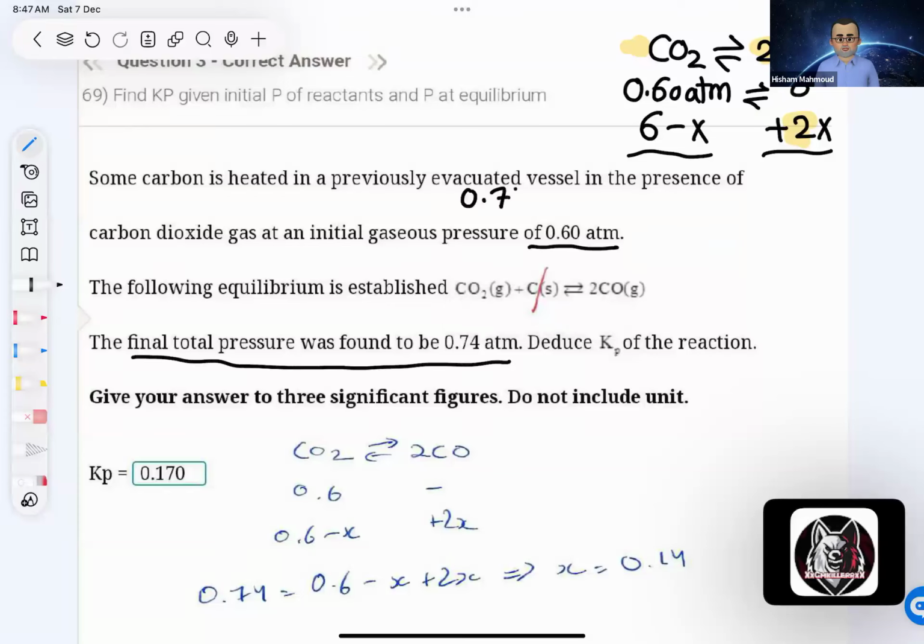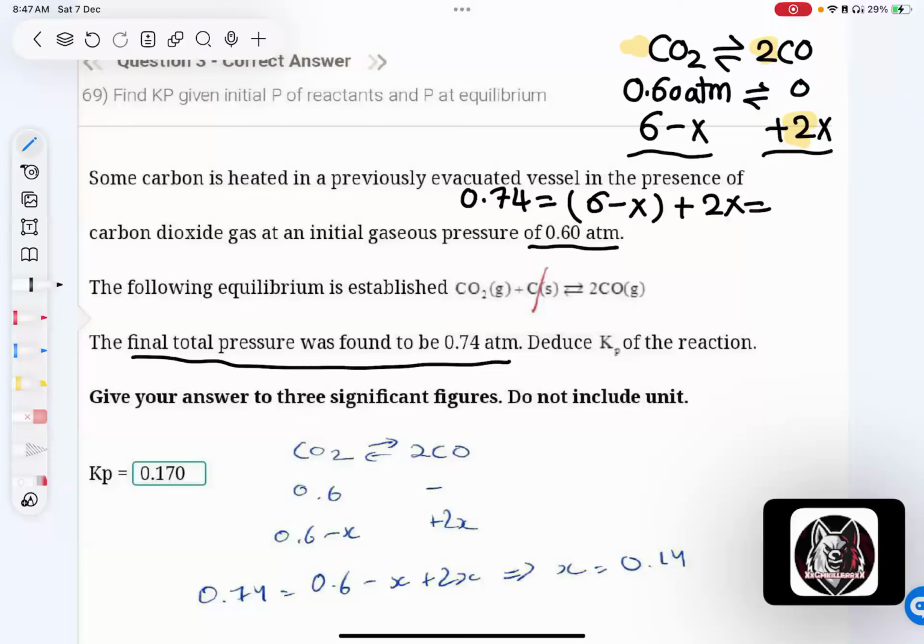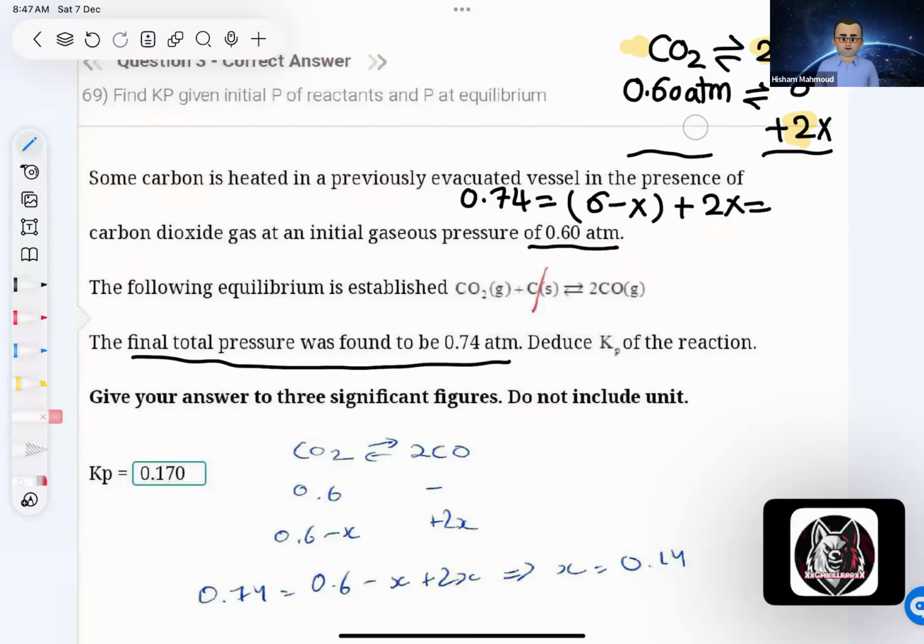So 0.74 is equal to 0.6 minus x plus 2x. Sorry, 0.6 is the initial one and x is the change. So it should be 0.6 minus x, and this is plus 2x.